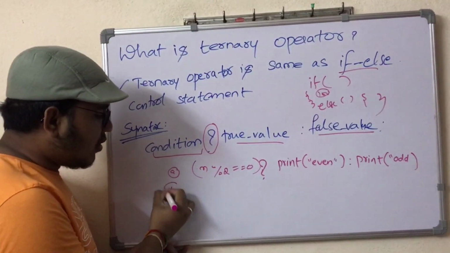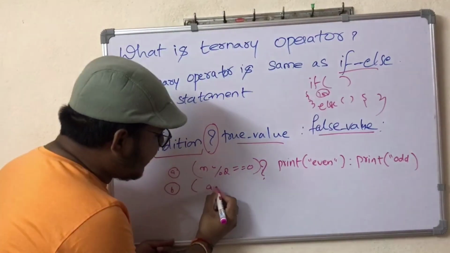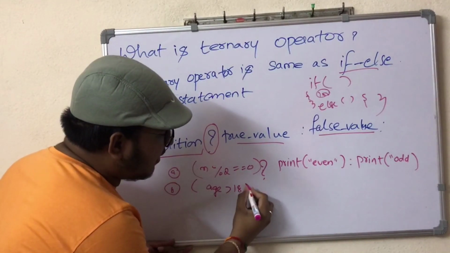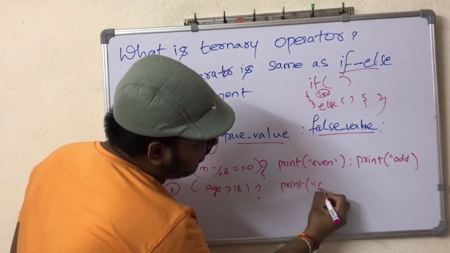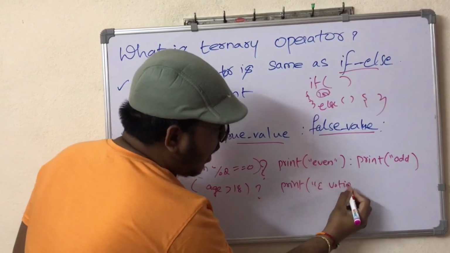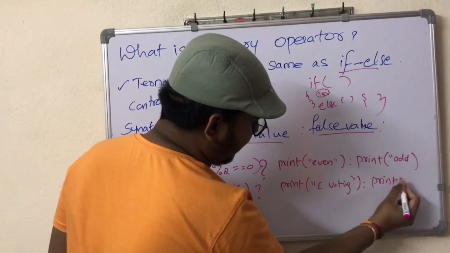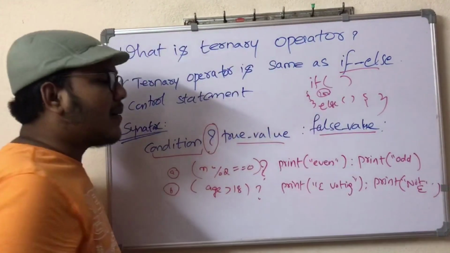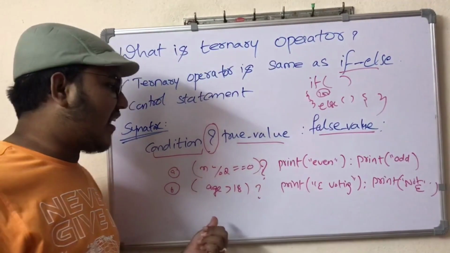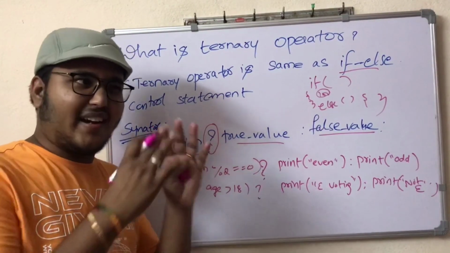And also, if a person's age is greater than 18, we can say that he is eligible for voting, or else we can say the person is not eligible for voting. Similarly, there are n number of examples, like finding the greater number.